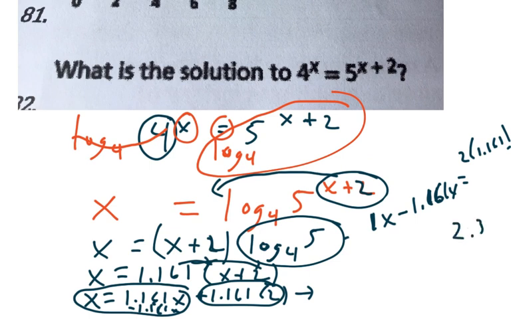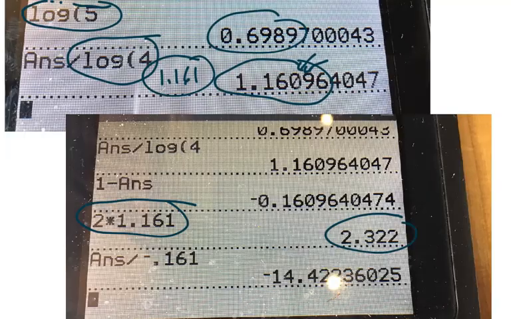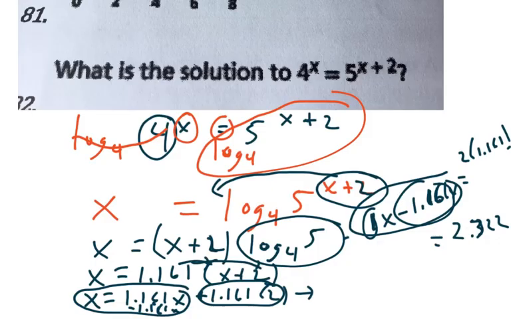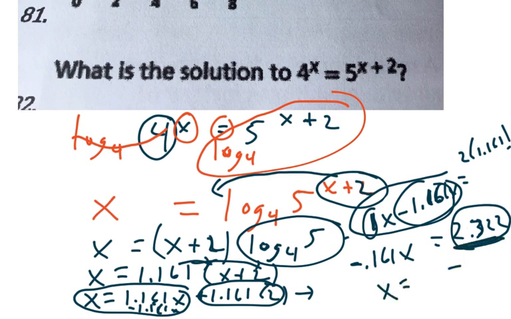So 2.322 equals, and here I'm just going to take 1 minus 1.161 to combine the x's. And 1 minus 1.161 is negative 0.161. So negative 0.161x equals this. So to find x, I'm just going to divide by negative 0.161.